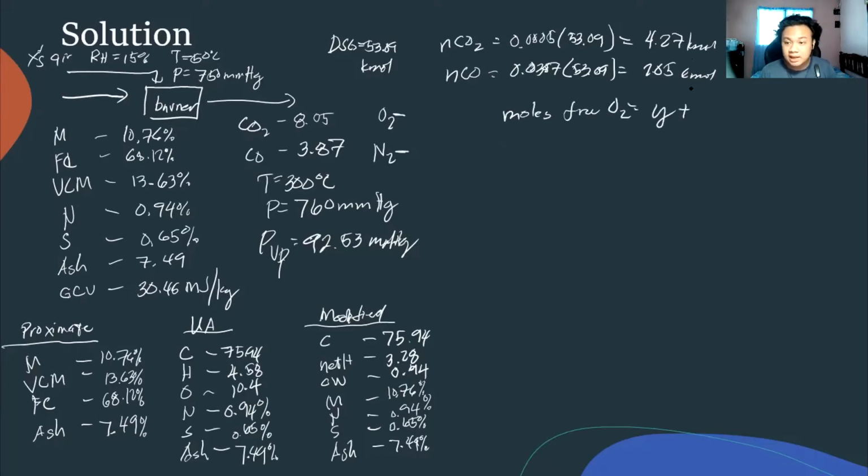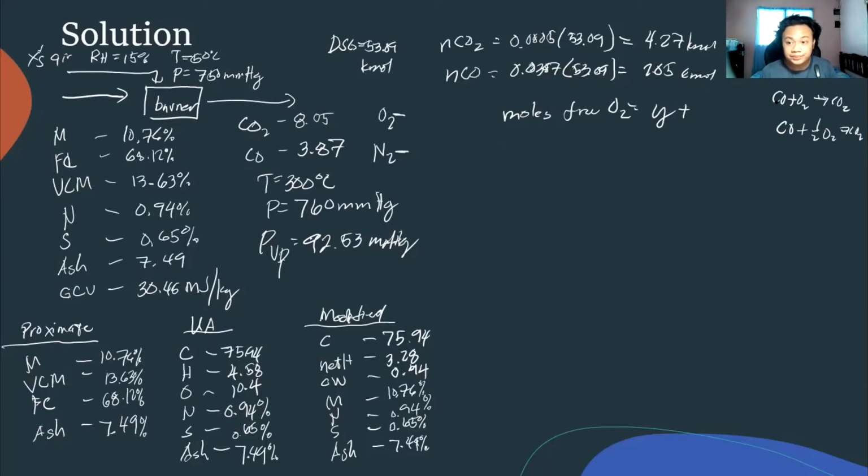Now to get the moles of free O2, it is just the excess plus the oxygen needed to burn CO to CO2. Just CO to CO2. You notice how many O2 molecules, so actually it balances like that, you will get just one half.